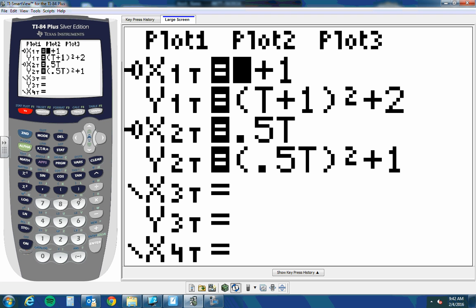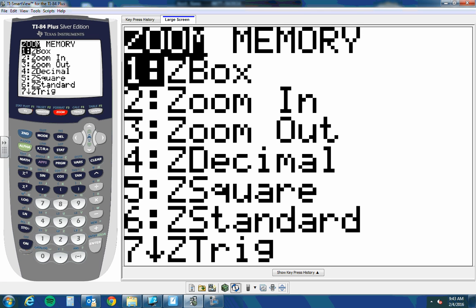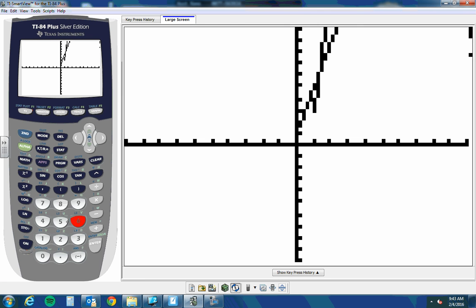And hit zoom 6. And you won't really like what you get. I'll explain why in a second. Everyone got the equation typed in? Watch the equations.